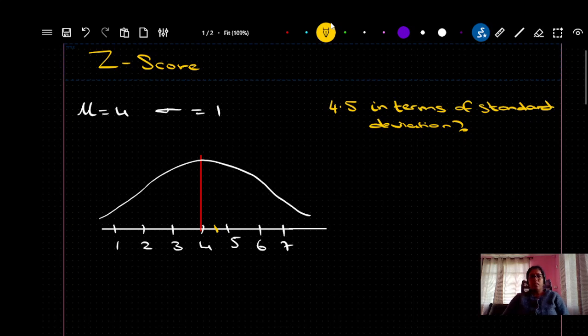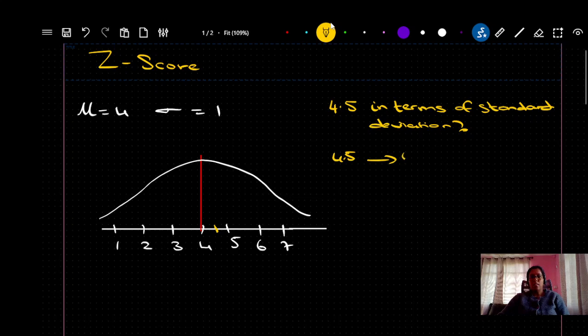Previously we learned about standard deviation. So if we take number 5, it is one standard deviation to the right. From the mean 4, 5 is one standard deviation to the right. So then what is 4.5?